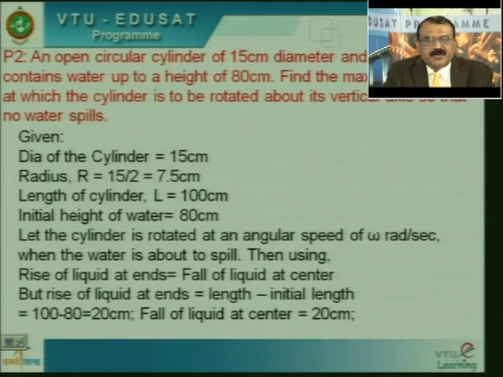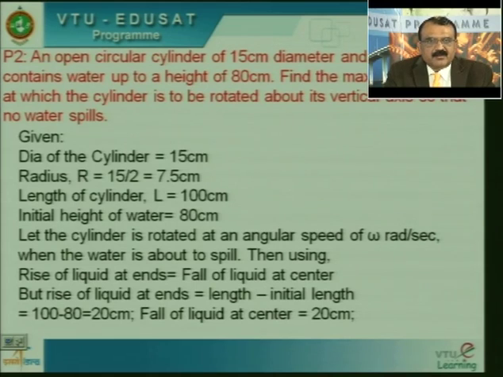Let the cylinder be rotated at an angular speed of omega radians per second. When the water is about to spill, then using the relation we derived in the earlier problem, we showed that rise of liquid at the ends is equal to fall of liquid at the center. So we showed that x is equal to y, or y is equal to x.